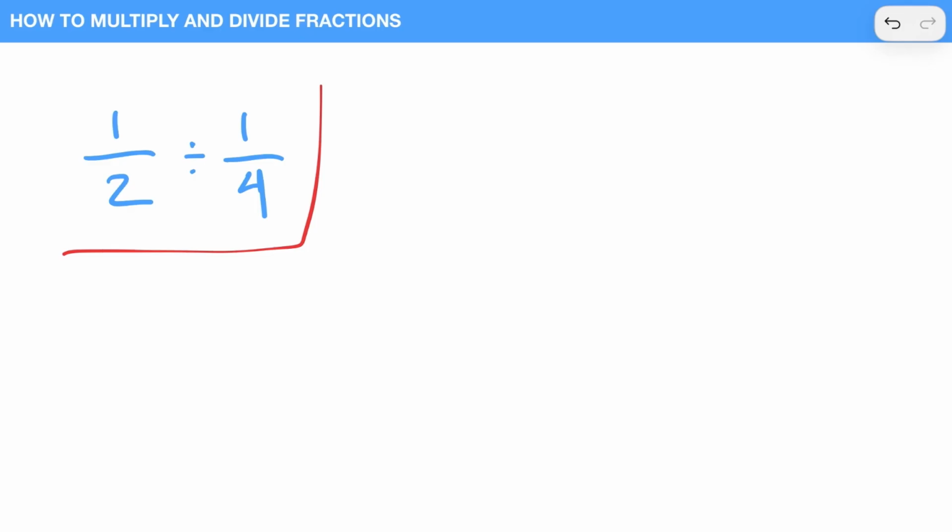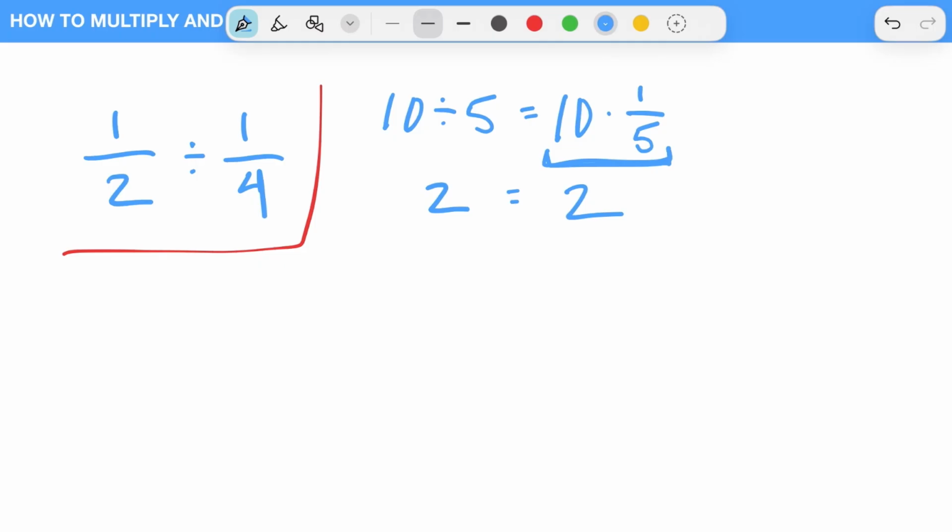I want to remind you that 10 divided by 5 is the same thing as 10 times 1/5. 10 divided by 5 is 2, and 10 times 1/5, or 1/5 of 10, is 2.